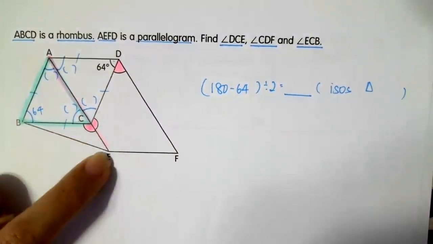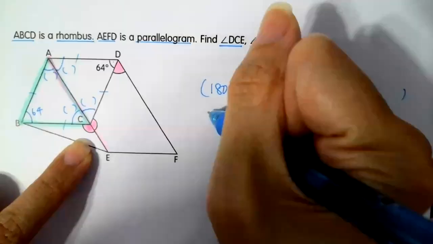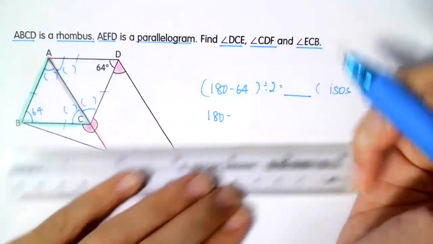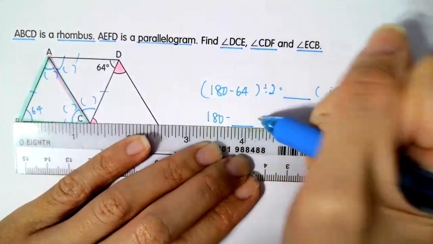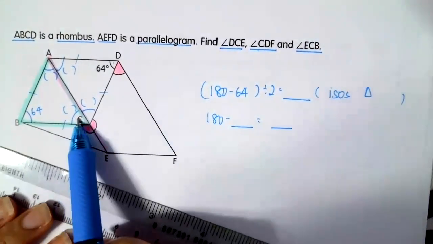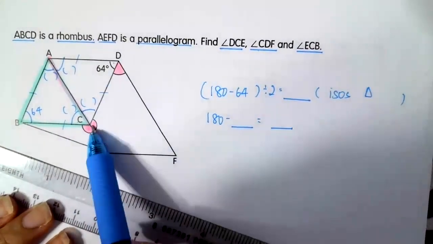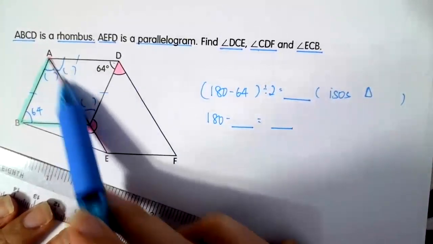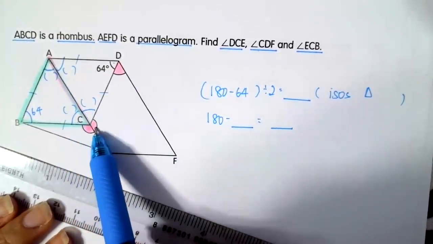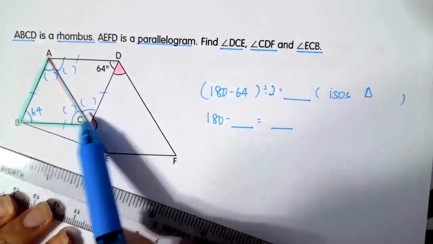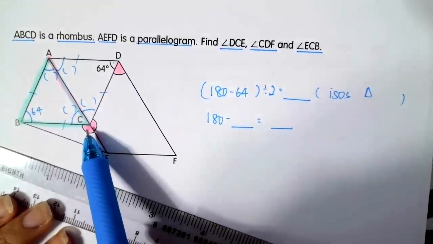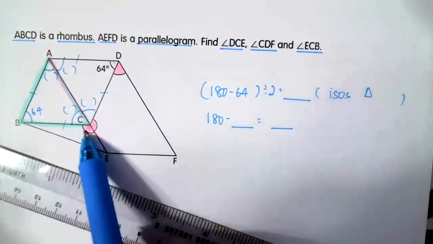So angle ECB is actually 180 minus this angle here that we found in the first step. And similarly, actually DCE is also the same because it's a straight line. So 180 minus this will give me this one. And these 2 angles happen to be the same. So we know for sure that we use the same step to get these 2 angles.